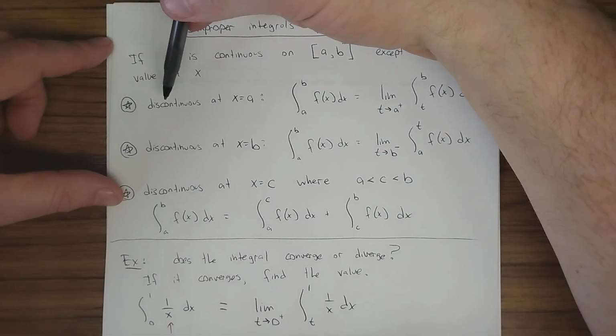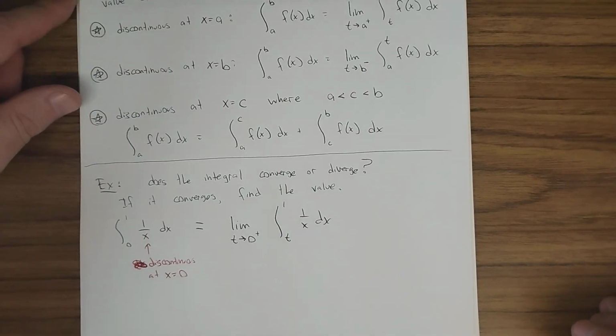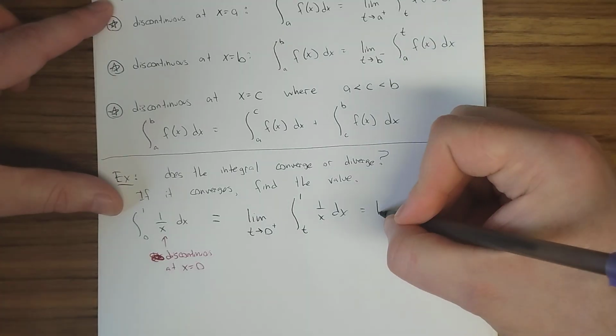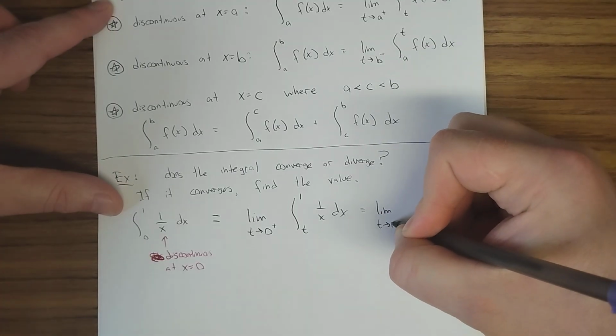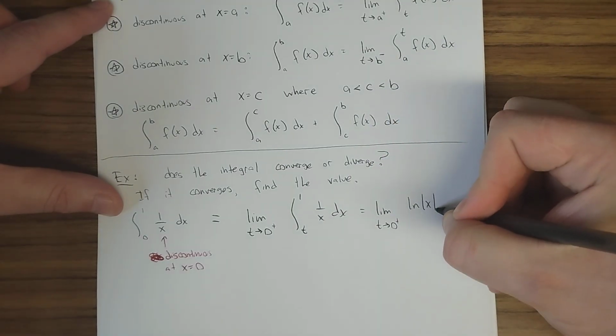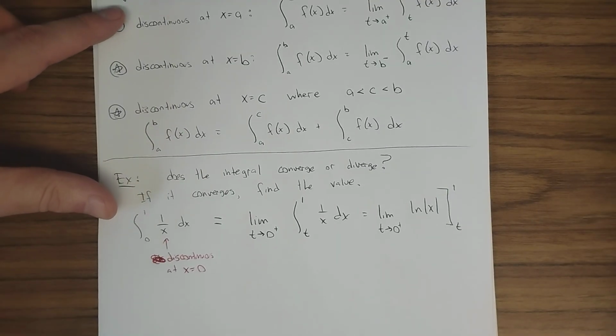This is exactly like this one. All right. So this antiderivative is just natural log absolute value of x. Go from t to 1.